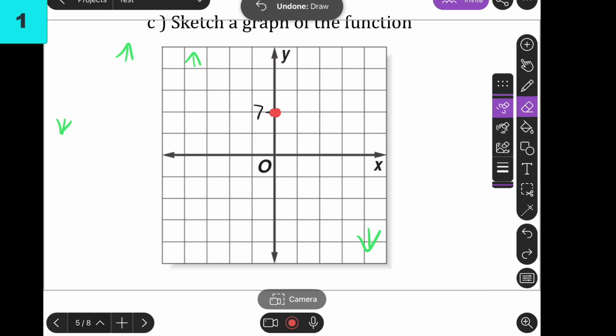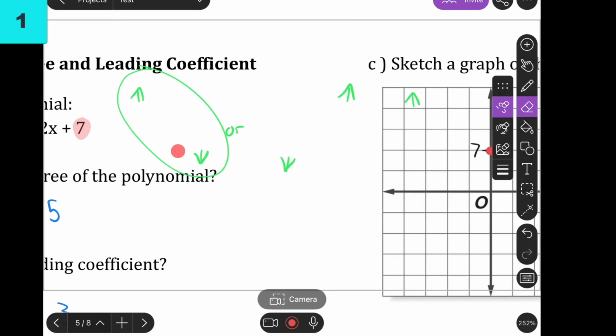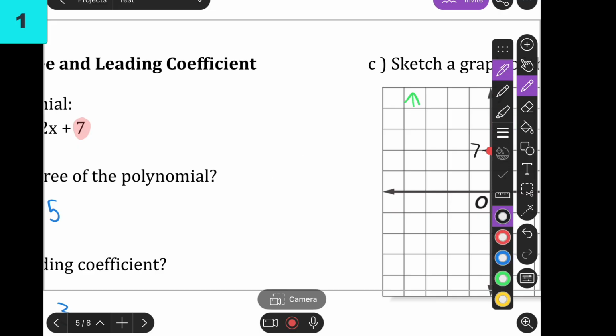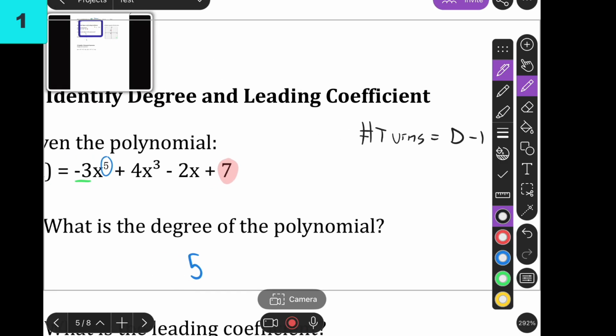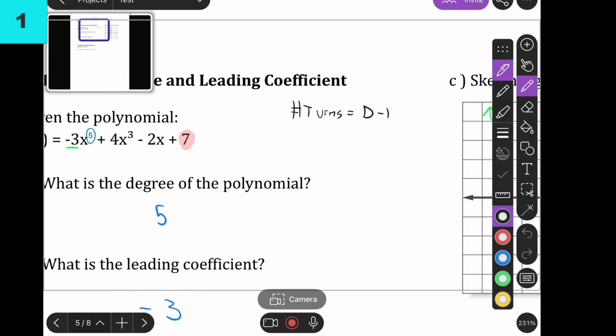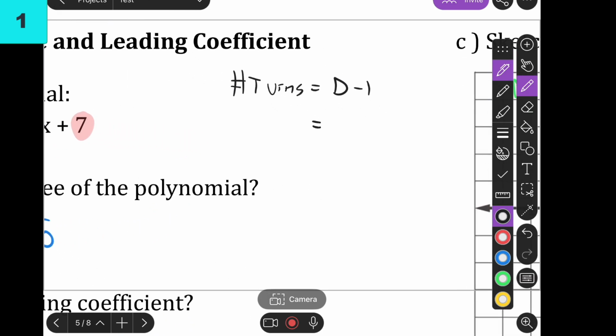So the next thing I want to do is use my information about number of turns. So if you guys remember in class, we learned that the number of turns is equal to degree minus 1. And I happen to know what my degree is. We just found out that it's 5. So I have 5 minus 1 equals 4.